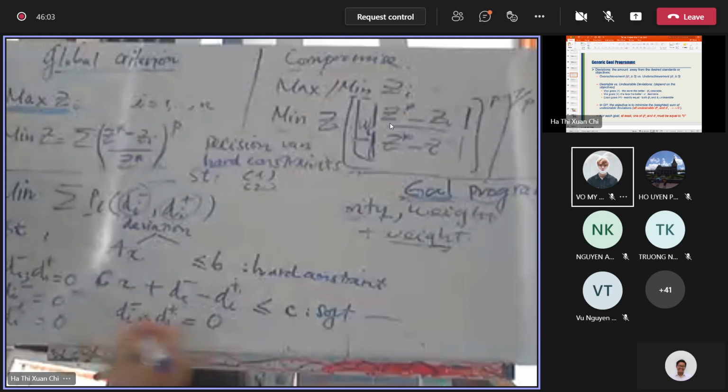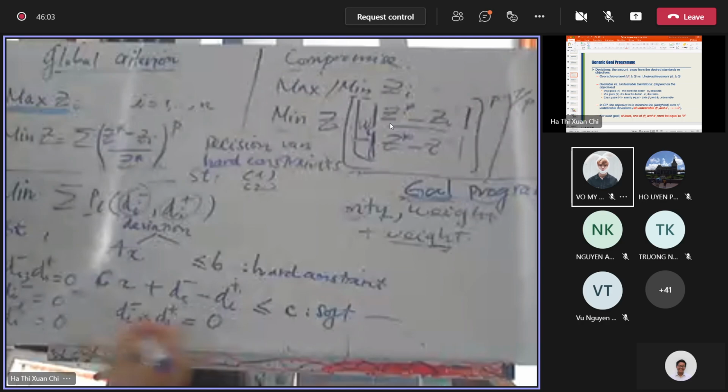And weighted, that is non-preemptive: no goal is predetermined to dominate any other goal. So for weights here, we don't have priorities. And for the third, min-max, you have no priority, no weight.